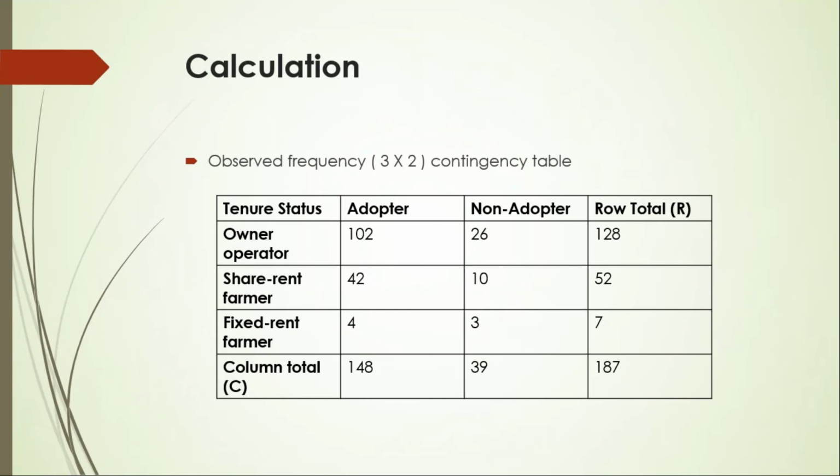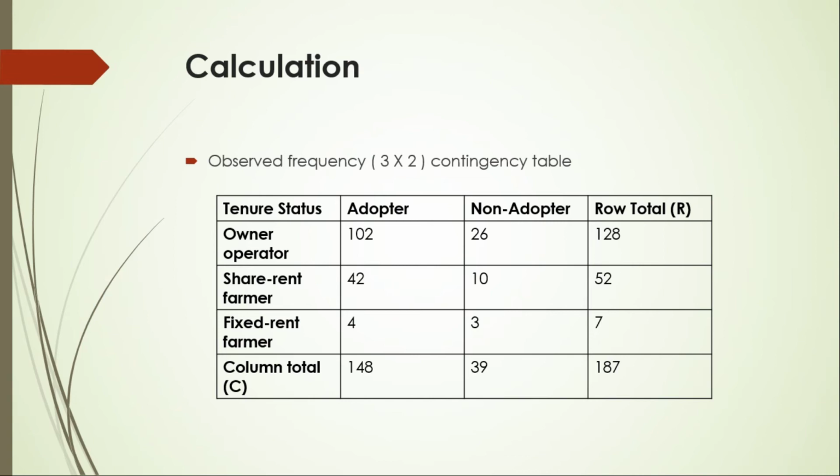We have a data with a 3 into 2 contingency table. We now have 3 rows. The tenure status was defined in 3 categories, and the adopter status was defined in 2 categories, that is adopter and non-adopter: whether the farmer will adopt this variety or not, with the tenure status of owner operator, and share rent or fixed rent.